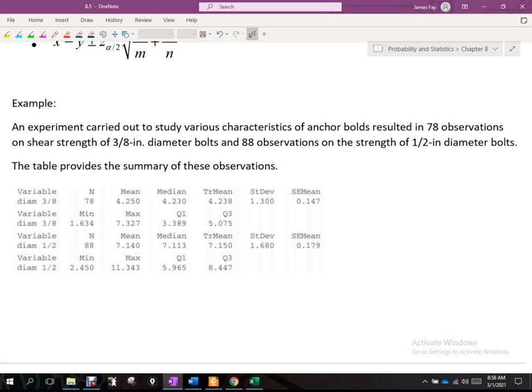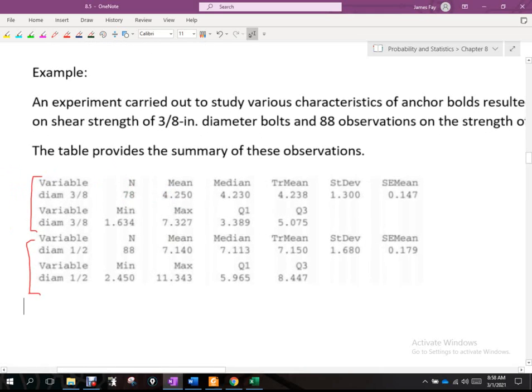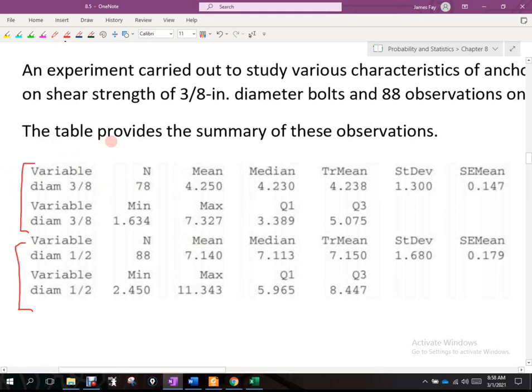Okay, and breaks. So the table here says that if we're looking at the 3/8 inch diameter, and here is our 1/2 inch diameter, okay? We go through here, we see, let me zoom in on this, and I just want to kind of describe per our formula what these values are.